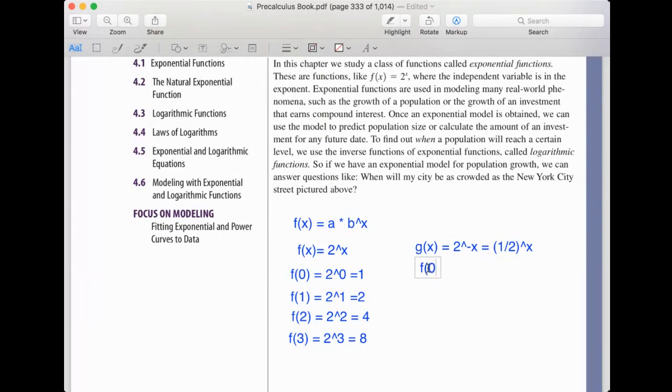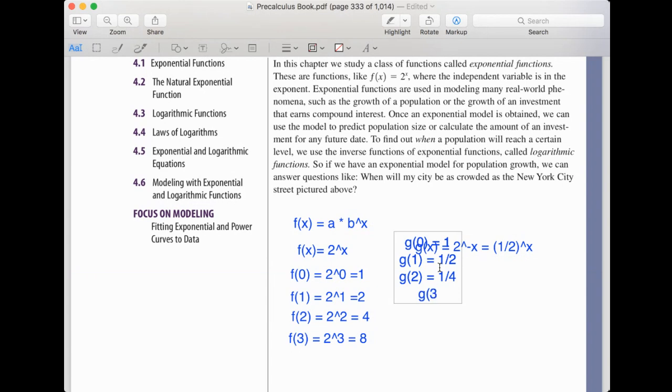Let's evaluate g of 0. Half raised to 0 is still 1. G of 1 equals half raised to 1, or 2 to the negative 1, which is just half. G of 2 is half squared, which is a quarter.